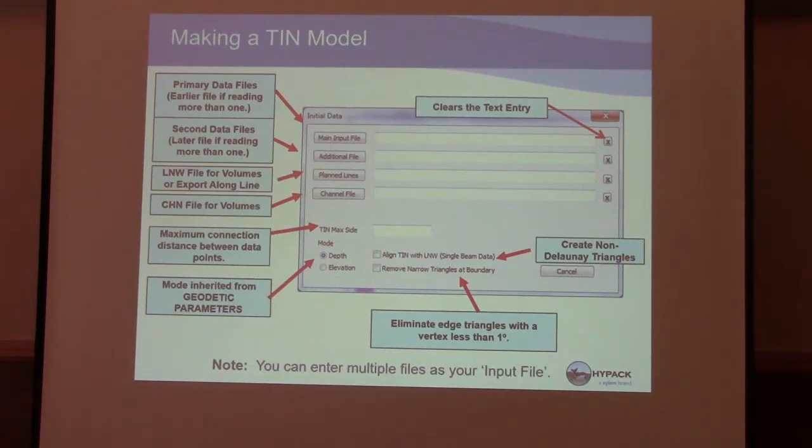Usually that'll work. Because with multi-beam data that's gridded, you can do 150% of your grid spacing, which I gridded at 5 feet, so I'm going to do 7.5 feet for my tin max side, and it should connect everything. Does that make sense? It might go a little bigger than that, but if it's ungridded, I'll go 1 foot, and then I don't have to worry about it, because it can be time consuming to figure out what the best answer is.